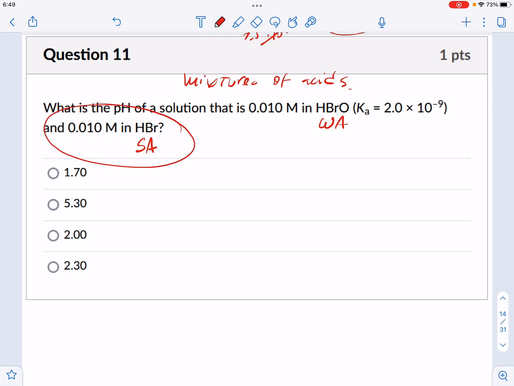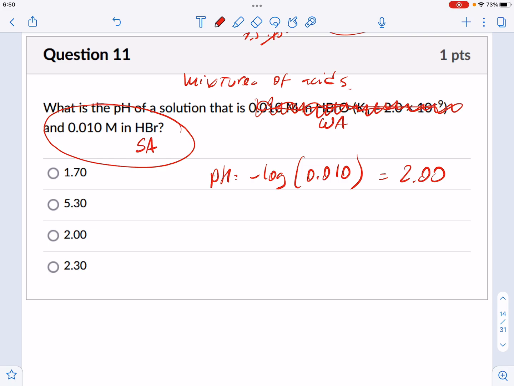All right? And if that's the case, well, guess what? You can completely forget everything about your weak acid, and the strong acid is in control. So that's the only thing that you have to consider. Therefore, your pH here is just minus log of 0.10, and this is equal to 2.0.